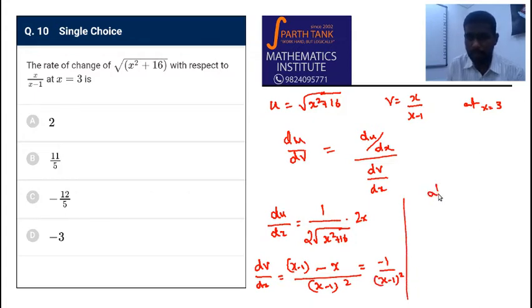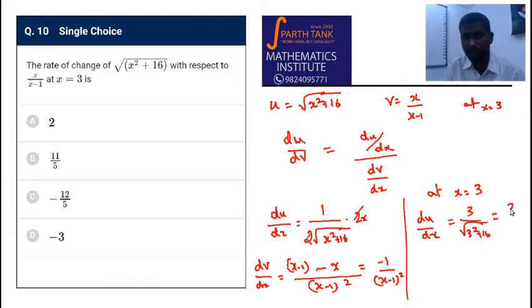Now at x is equal to 3, du by dx is going to be, if I cancel out this, 3 by square root of 3 square plus 16, which you know is 9 plus 16, 25, 5 under square root. So 3 by 5. Here dv by dx is going to be minus 1 by (3 minus 1) the whole square, which is minus 1 by 4.